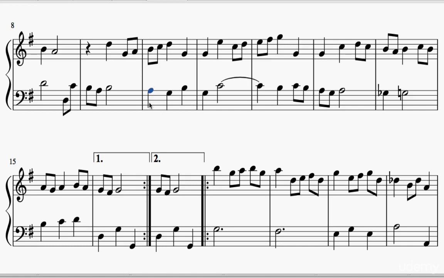A 5 on the first beat and then 1 on the rest of the measure. So would a 5 make sense here? That would be D, F sharp, and A. So here's an A, that's good. Here's a D. At the start of the next one, D, F sharp, and A.